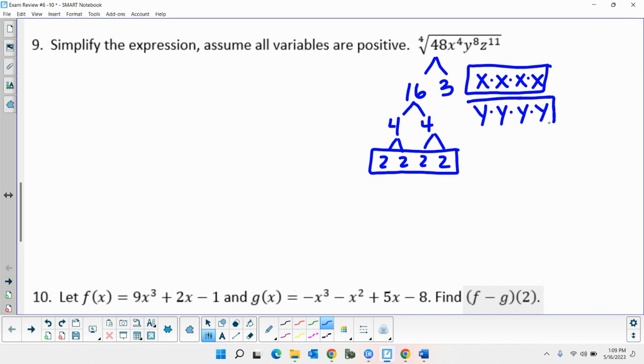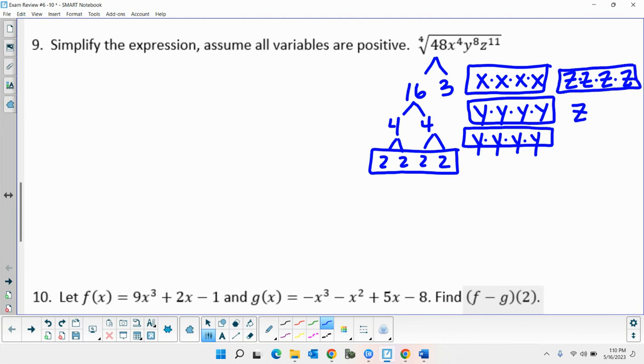There's one group of 4, but there's another group of 4, right? Looking for groups of 4. There's a group of 4. Oh, there's another group of 4, isn't there? And then how many? 3, yeah.